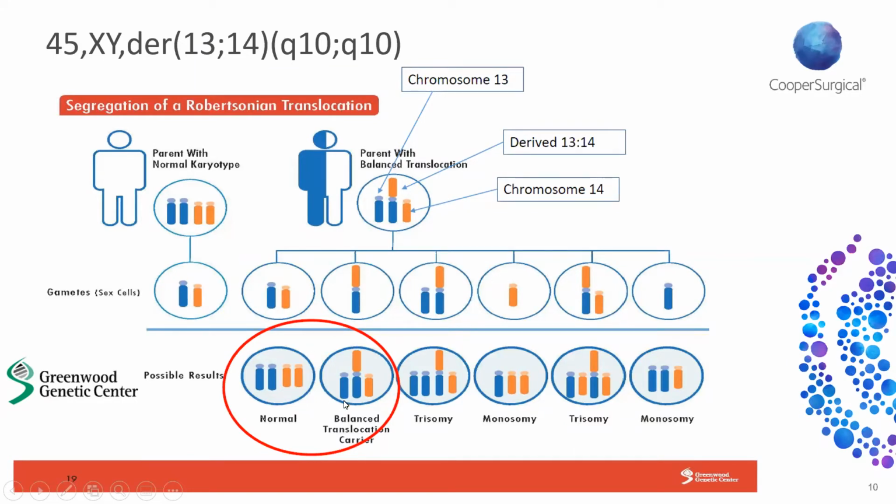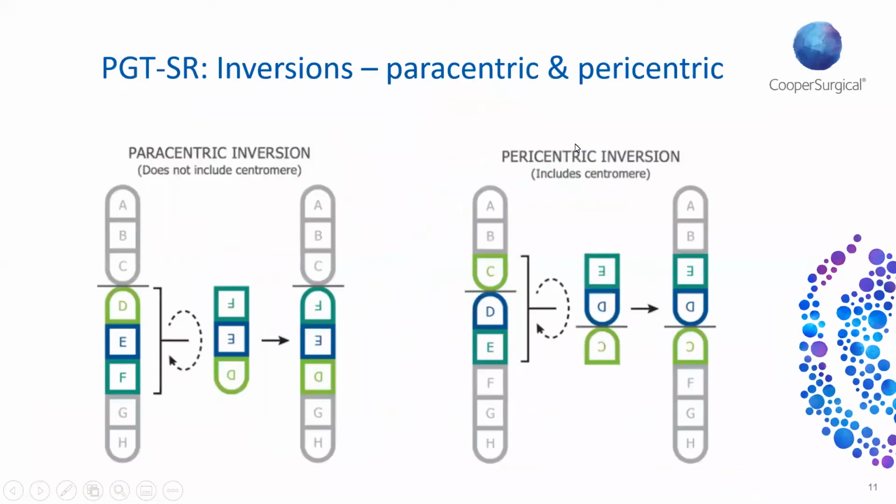Both of these results are going to appear as 46 chromosomes on NGS. These are the typical unbalanced forms, either monosomy or trisomy. One missing copy is a monosomy, an extra copy is a full trisomy. And again, the chromosomes involved are 13 and 14.